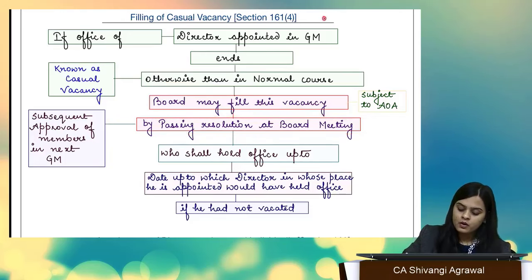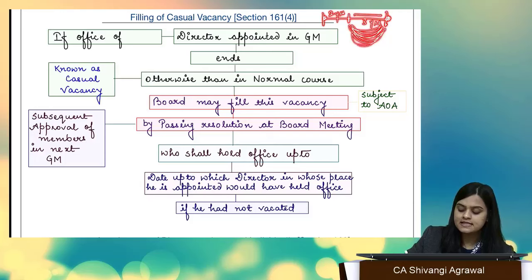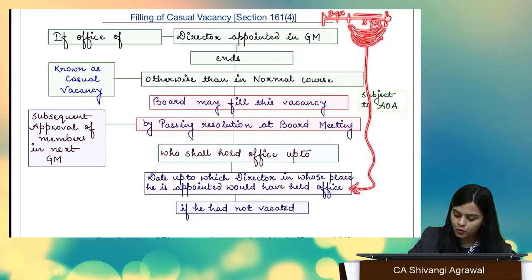Now, it is a casual vacancy. For 2 years he worked and for the remaining 3 years he could not work. So his vacancy is for 3 years only. So whoever fills this position is going to hold office only up to the date up to which the director in whose place he is appointed would have held office had he not vacated.